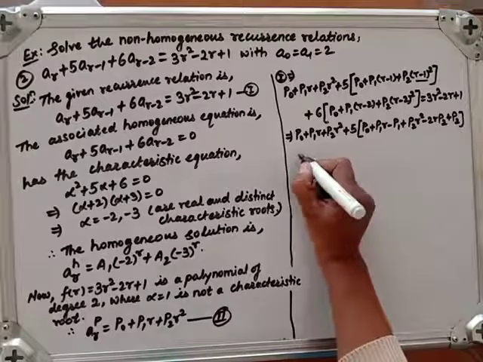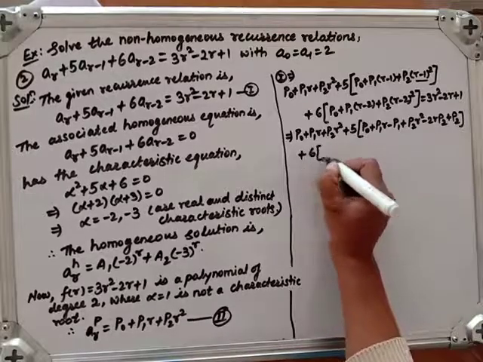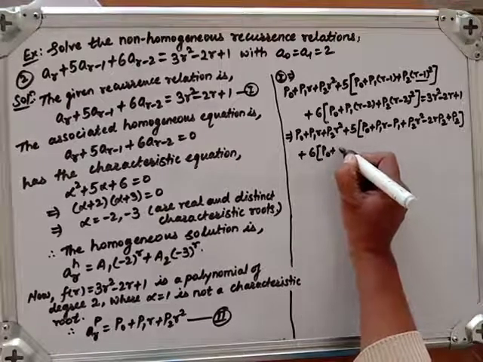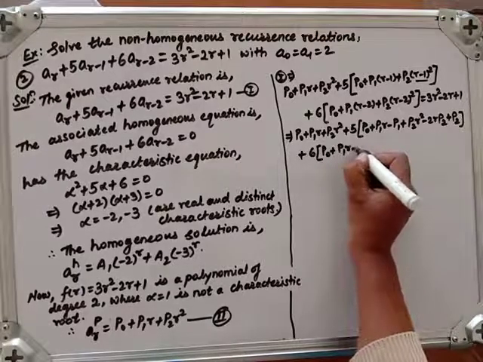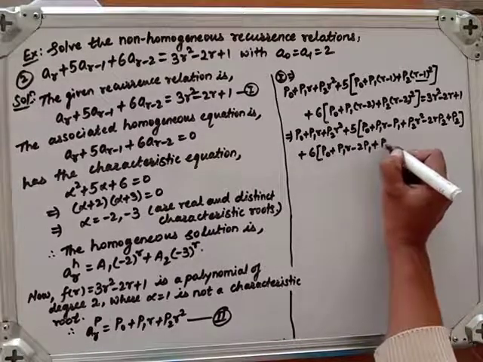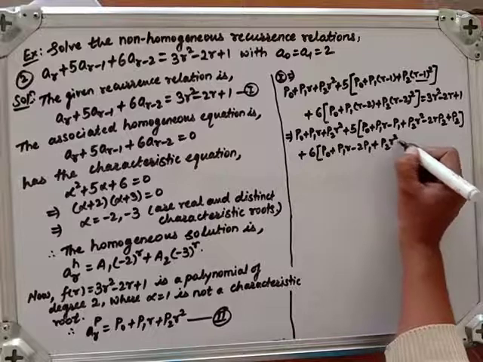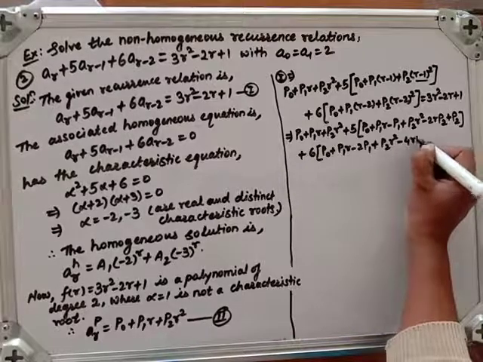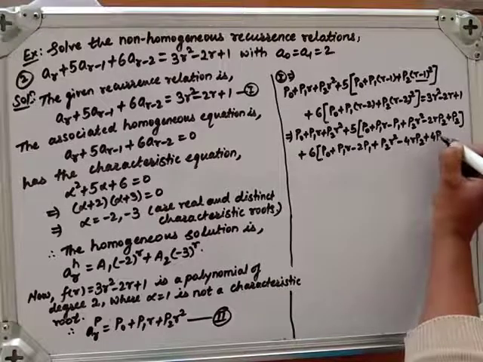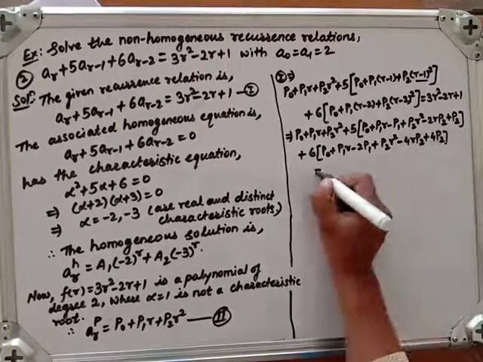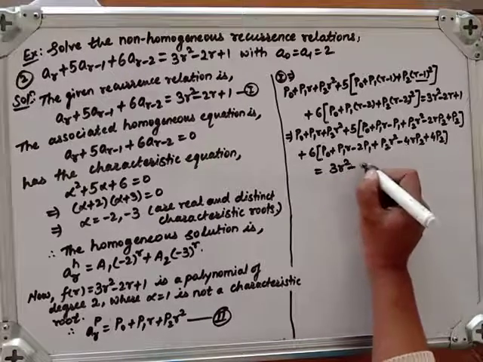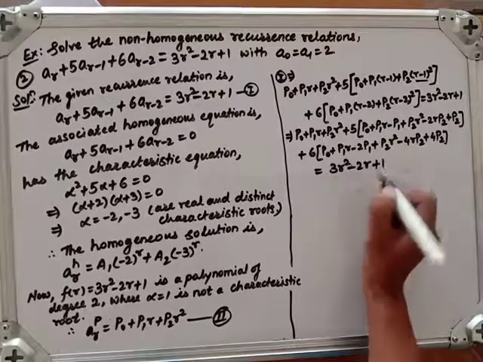Now again plus 6 into P0 plus P1R minus 2P1 plus here P2 R square minus 4R P2 plus 4P2, and that is equal to 3R square minus 2R plus 1.